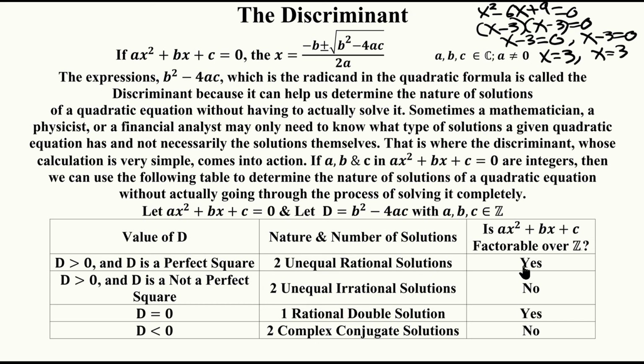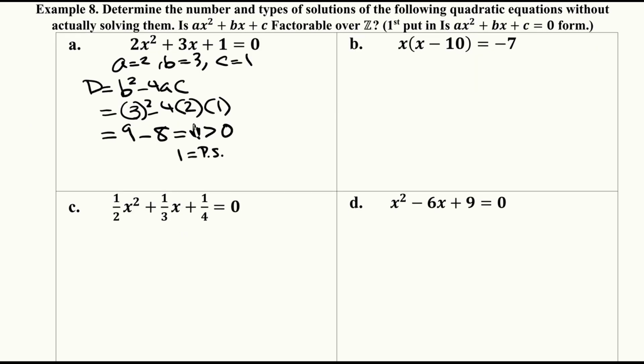And this means that the expression on the left was also factorable. So we have two unequal rational roots, and yes, it's factorable.